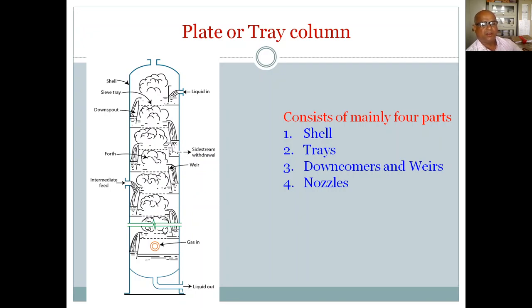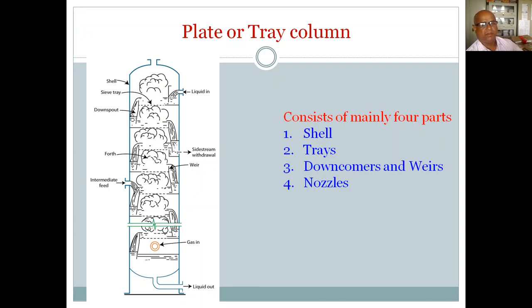There you will be able to determine the thickness of the shell, depending on the particular chemicals used and the particular pressure, and what will be the material of construction. You will learn that in detail at that time.